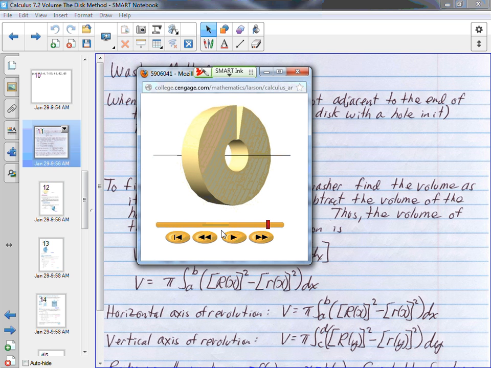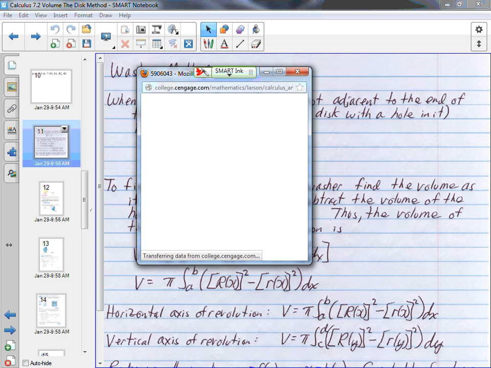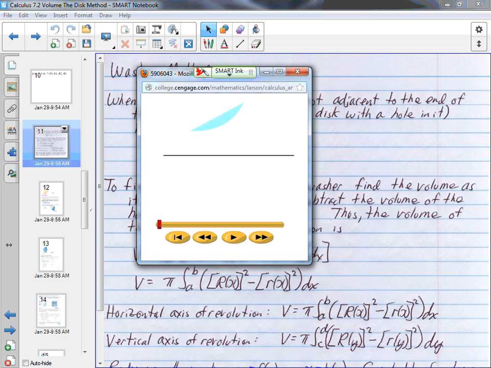So let's see. I'll let that one continue to twirl. All right, so can you imagine what that one's going to look like when we take it about that axis?